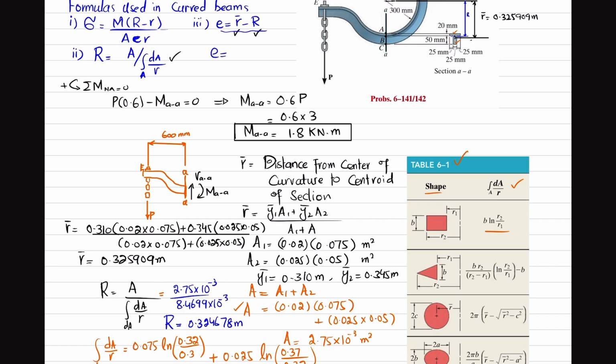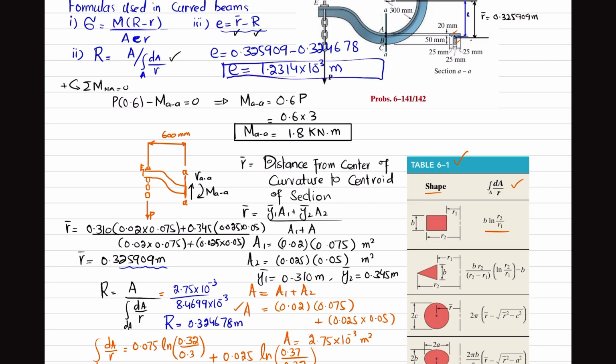We have calculated R dash as 0.325909 minus capital R, which is 0.324678. When you calculate it, you will get E equal to 1.2314 × 10^-3, and the unit is meter.